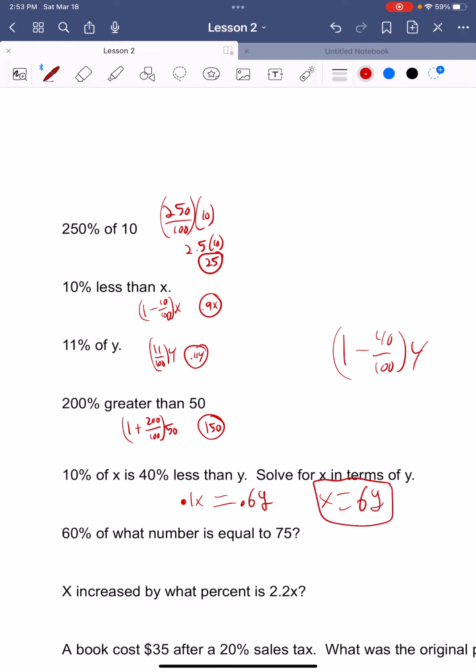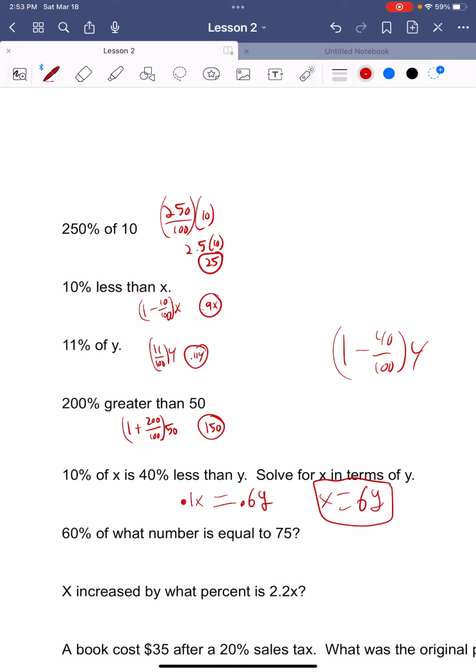60% of what number is equal to 75? Although this seems very similar to 60% of 75, it's a completely different question, and you have to be very careful when you're looking at these types of questions. It's asking 60% of a number is equal to 75, and we have to solve for that number.